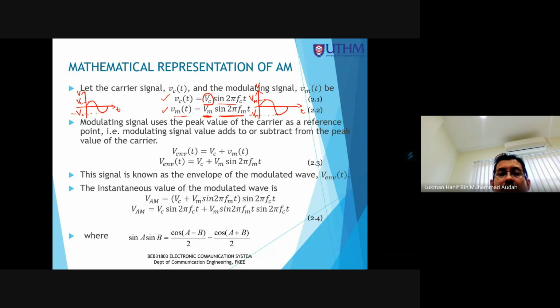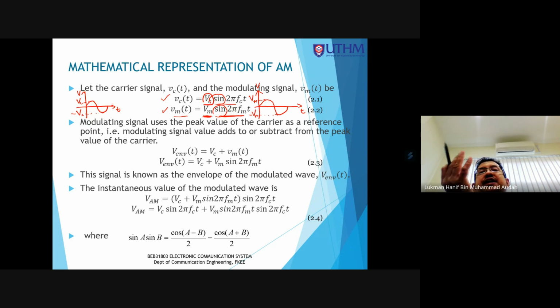You might wonder why we use a sine wave. If you read Wayne Tomasi's book, he used sine wave, but other literature books might use cosine. So sine or cosine doesn't matter, it is a simple wave.